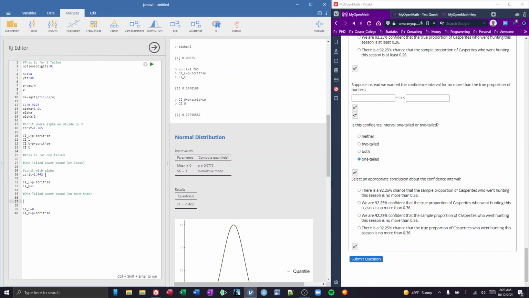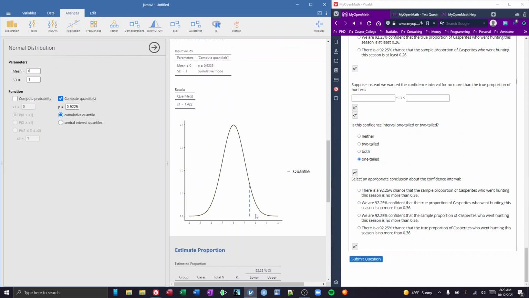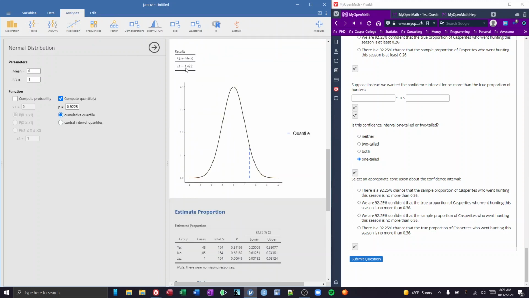But our Z critical is actually going to be identical to the one-tailed lower. It's just going from the other side. So if we come back in here, instead of doing 0.0775, here we do 92.25. That's just throwing it to the upper end now, but it's still 1.442. We're just mirroring it about the middle of this bell curve.